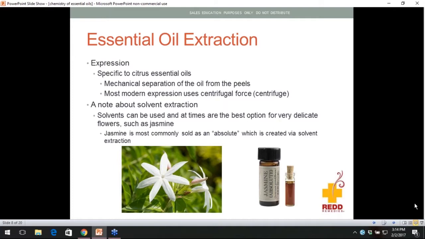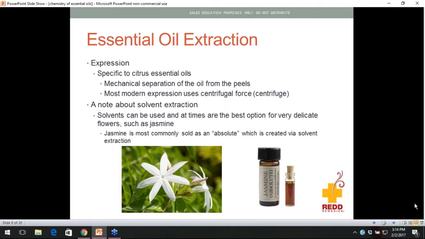So it's not a complicated process. It still protects the integrity of the oil, but you can distill citrus oils, it's just not the most ideal way to do it. And I want to talk about solvent extraction for a second, because essential oils can also be solvent extracted.